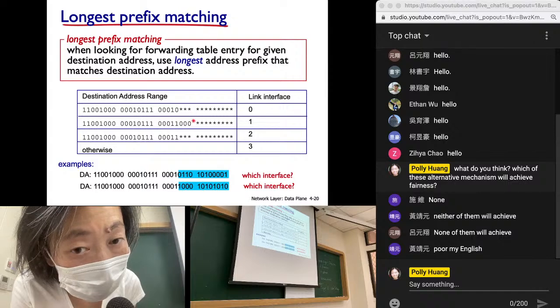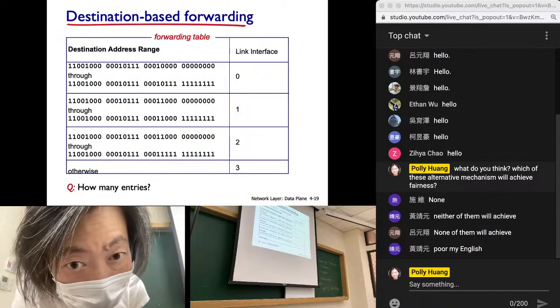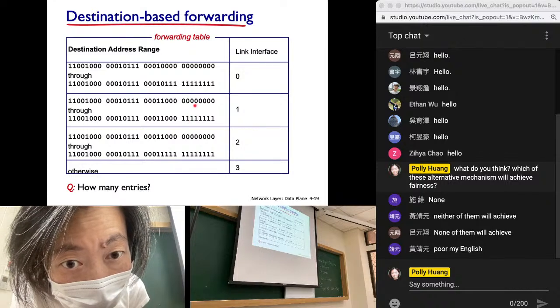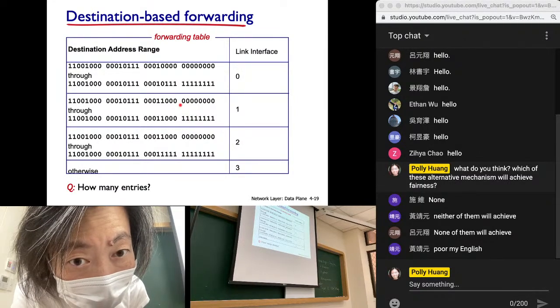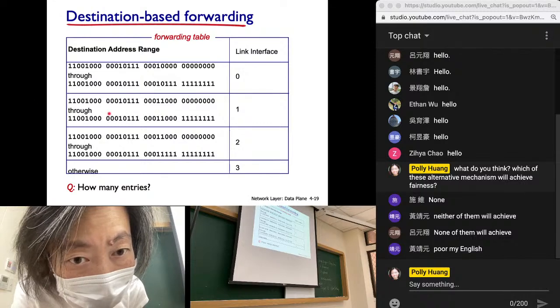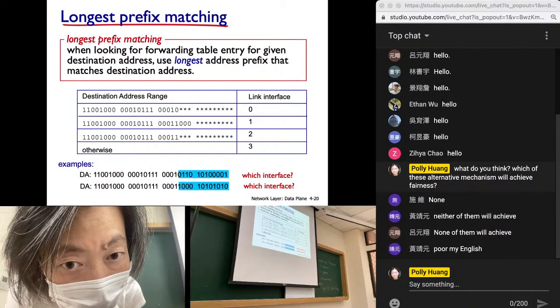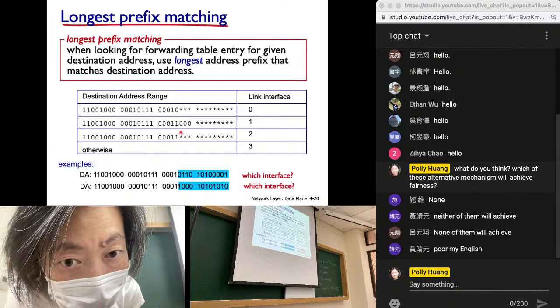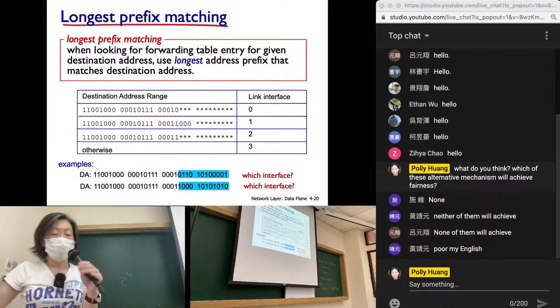Match the second prefix, interface 1. If we go back one slide, you see here the IP addresses of range number 2, the first 24 bits are the same. Only the last 8 bits are different. That's why the prefix looks like this. So we write the numbers that are in common in the range.